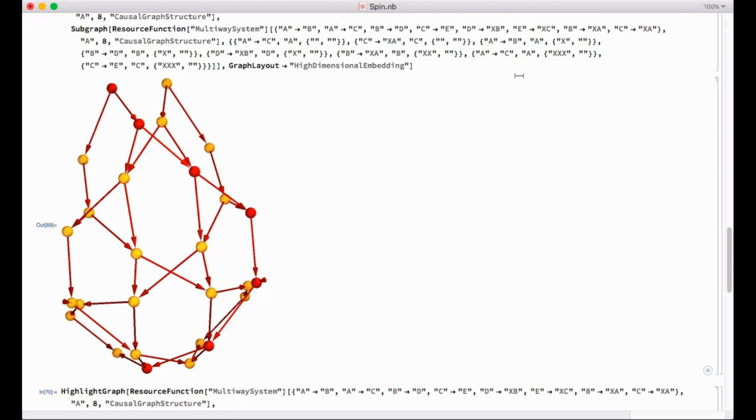What you're talking about is something where you've taken the graph, you've effectively got an embedding, some emergent embedding, and then you're looking at fluxes relative to that embedding, right?